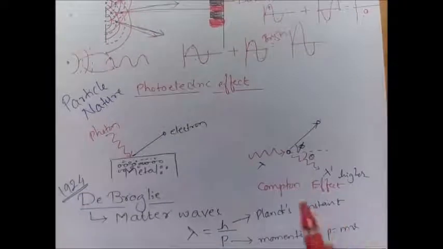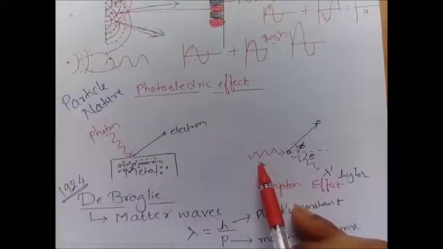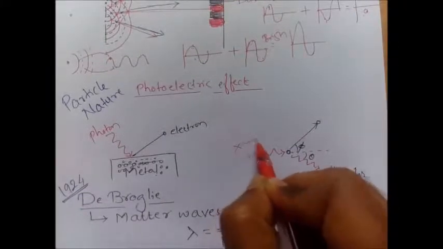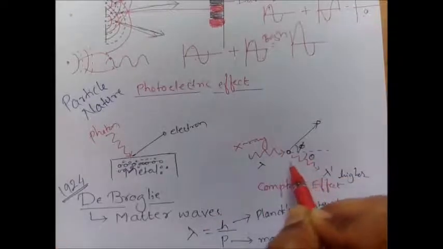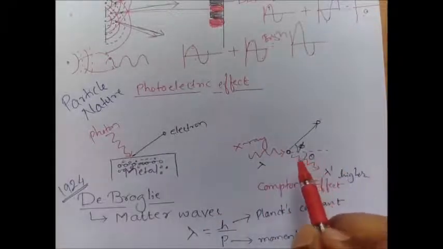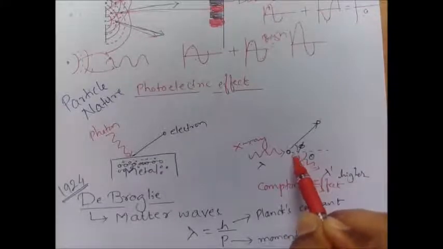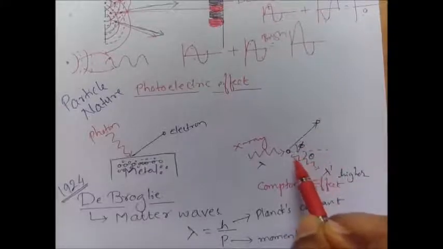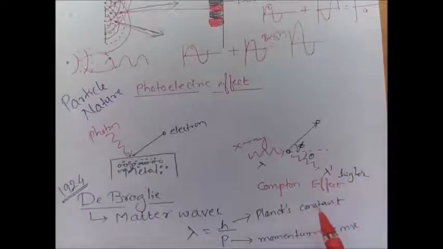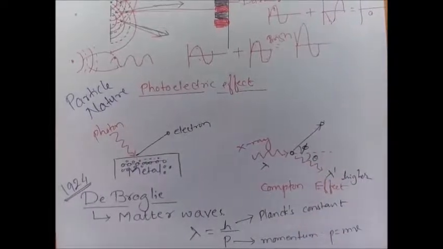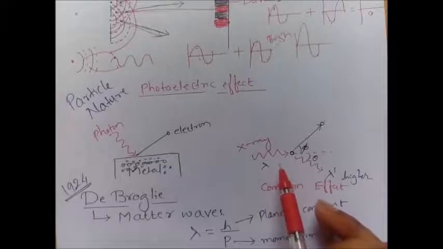Here I consider this X-ray photon. When this X-ray photon hits the material, the electron consisting in it is scattered. This is scattered here, and this photon is scattered this side. The scattering happens only when it has got the particle nature.